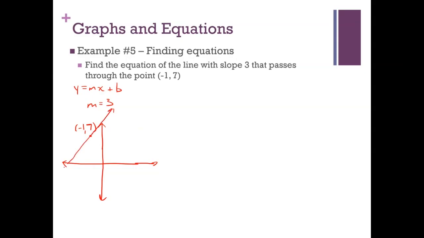So it looks something like this. But I don't think I know the y-intercept yet. So I can use that y value to figure out the y-intercept, but it is not B. But here's what I can do. I know that m equals 3. The slope is given to us. So you have y equals 3x plus b. How can I use that point, that -1, 7, to figure out what b is?